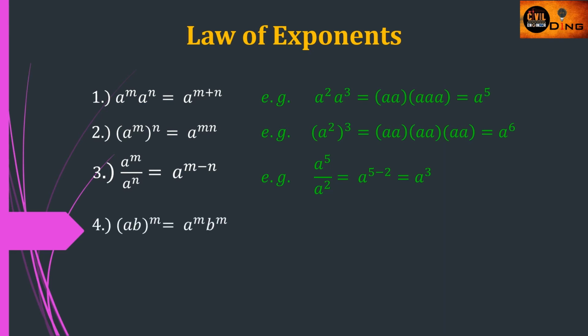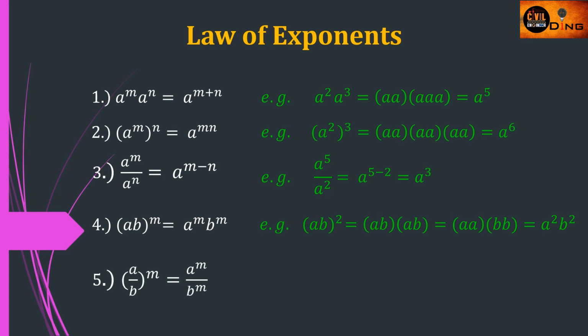Number 4, quantity ab raised to m. Ito ay isang halimbawa ng distributive. Halimbawa, quantity ab squared is equals to, same lang siya sa quantity ab times quantity ab. So, equals a squared times b squared.